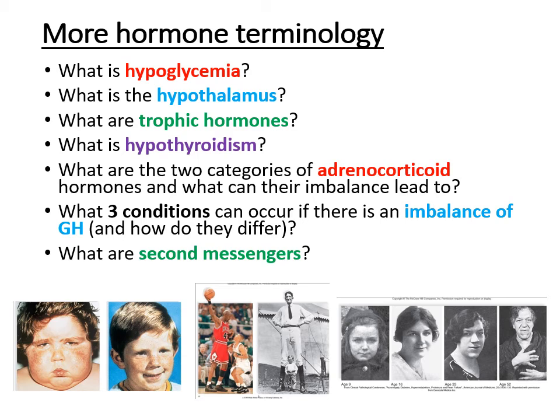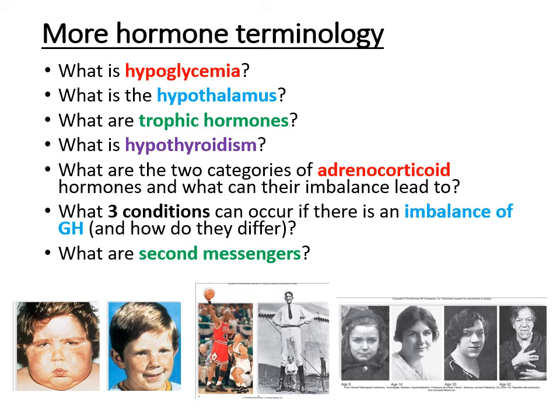Now here I just listed out some terminology that you see when studying hormones, and I have a recap on the next slide with all of the definitions. The first one that we have here is hypoglycemia, and hypoglycemia just means low blood sugar.